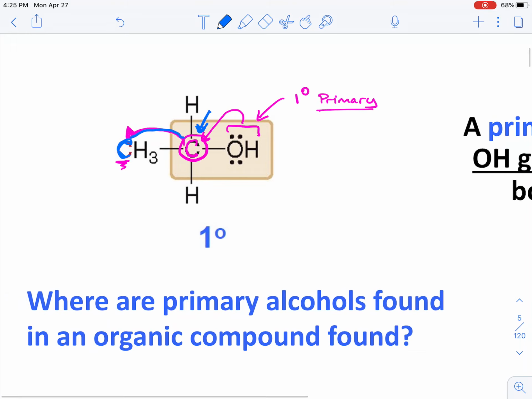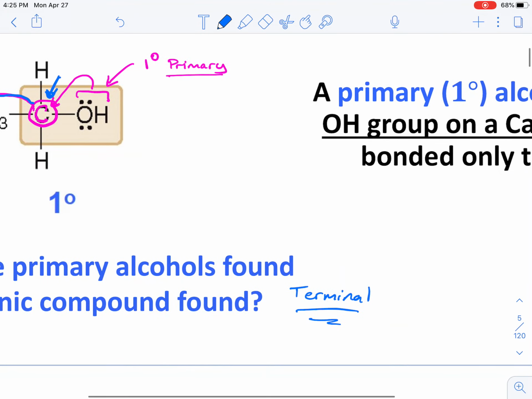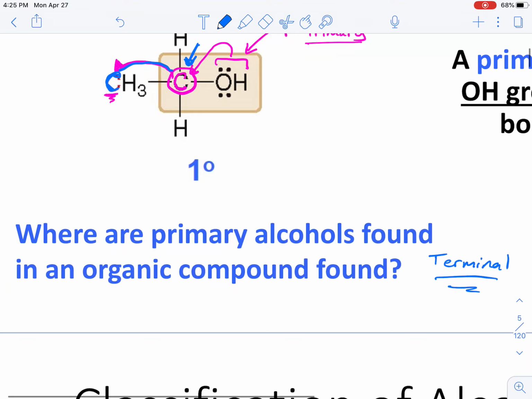And so typically primary alcohols are found on the terminal ends of an organic compound. And we'll see that as we go through different examples in just a second.